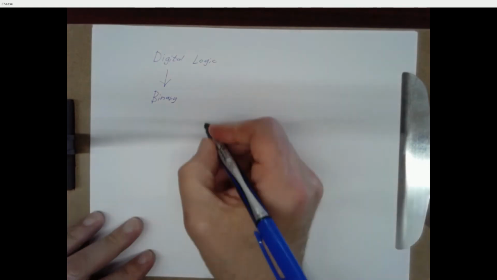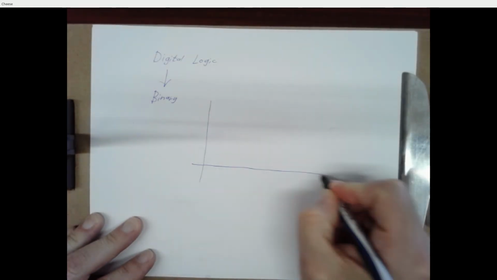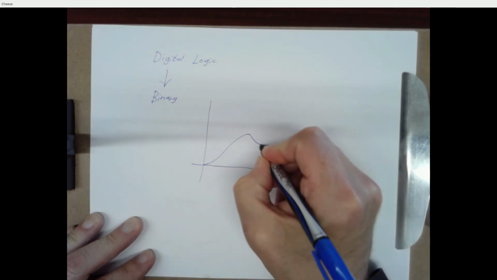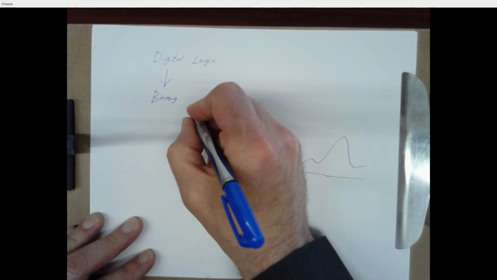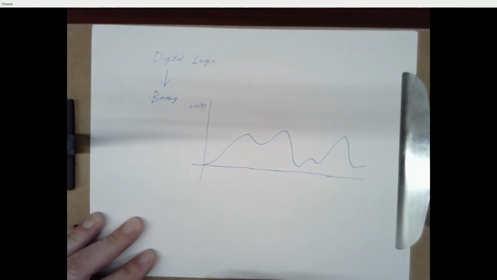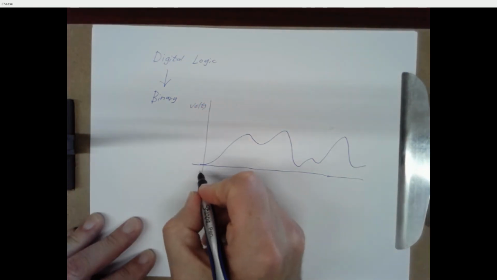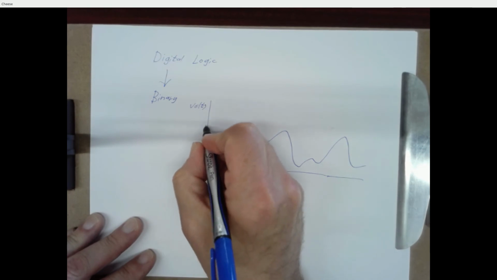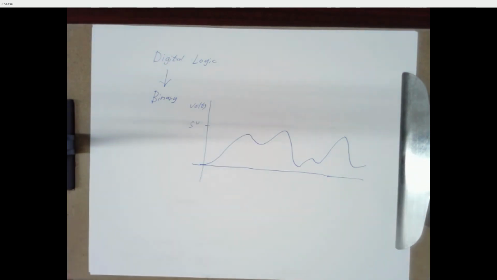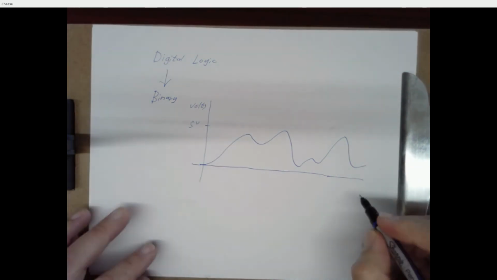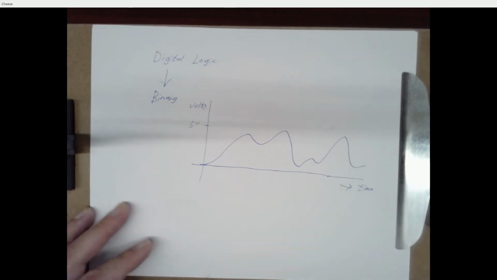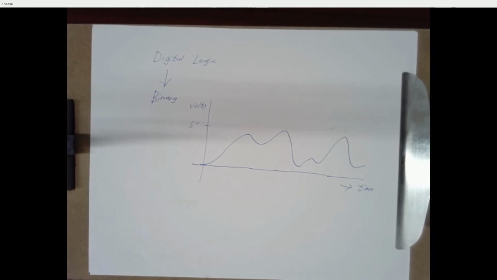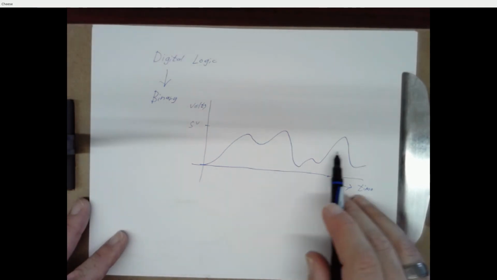So think about some sort of voltage. Let's say this is 0 volts, and this is 5 volts, and maybe this is time. We've got some point in the circuit, and the voltage is changing over time.